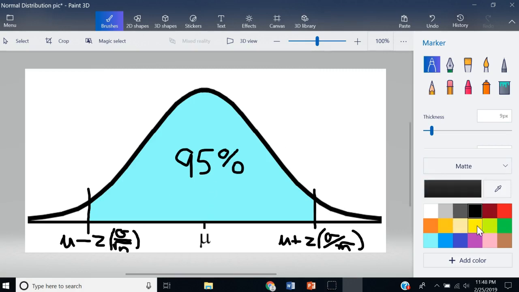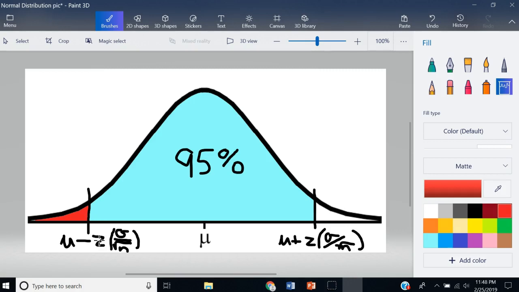Well, in order to find this z value, what we would need to do is find the area from negative infinity up to this value. And if we're talking about z values, that's just on the standard normal curve.